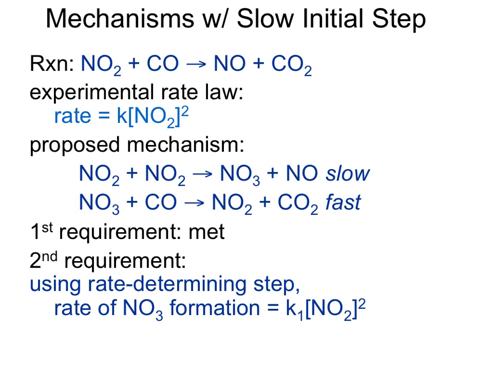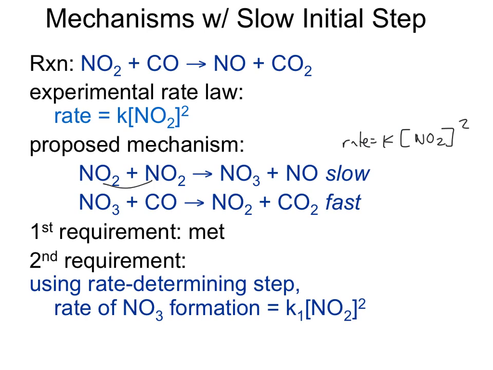Because remember, the rate of the reaction is going to be dictated by the slowest step, because no products can be produced or no reactants can be used any faster than the slowest step. So if we write the rate law associated with this slow step, we are going to get the following.